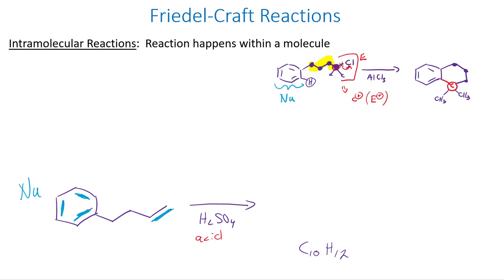So our electrophile is going to be the protonated alkene. So if we think about this alkene picking up a hydrogen from the acid, that hydrogen would want to go to the end of the chain because that gives us a more highly substituted and therefore more stable carbocation.